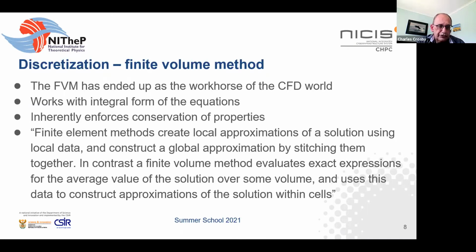So this definition is given in some of the literature. Finite element methods create local approximations of a solution using local data and construct a global approximation by stitching them together. In contrast, the finite volume method evaluates exact expressions for the average value of the solution over some volume and uses this data to construct approximations of the solutions within cells. So it's coming at the same problem from two different sides.